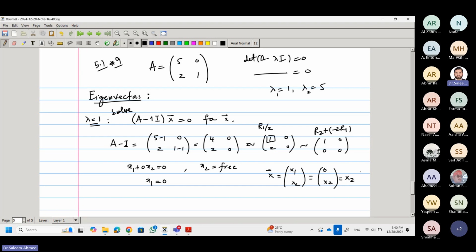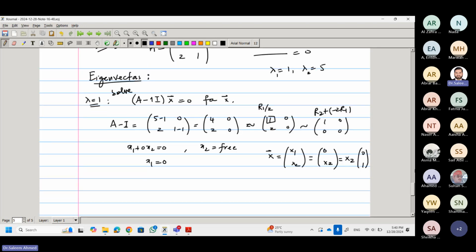If you take x2 common, it becomes 0, 1. So I will only pick this vector. Therefore v1, the first eigenvector, is 0, 1. So this is the eigenvector for lambda 1 equal to 1.